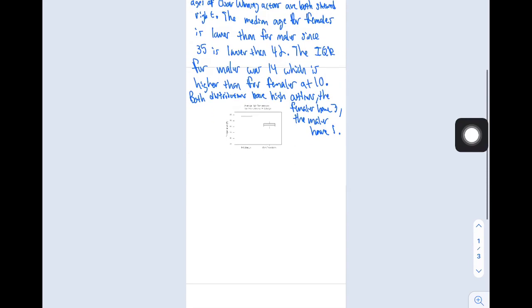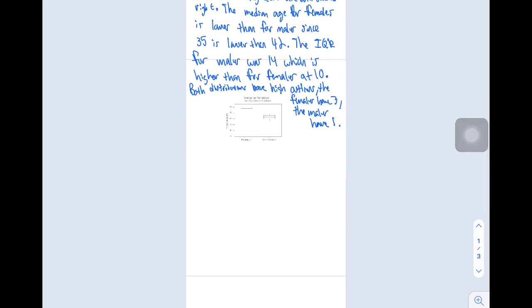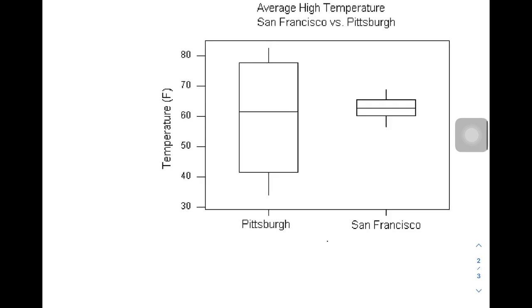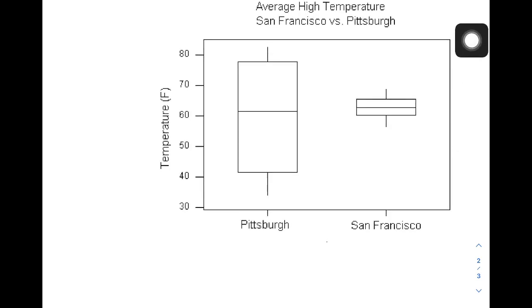Now, what I want you guys to do is a little check for your understanding. Let's see if we can zoom into this. All right, so here we have 2 different distributions. We have the average high temperature in San Francisco versus the average high temperature in Pittsburgh.